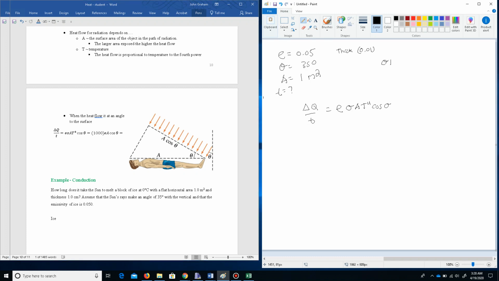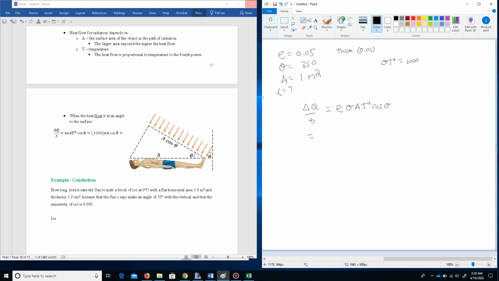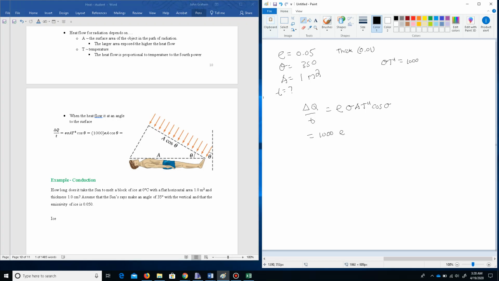Remember, sigma T to the 4th for the sun is 1,000. So this becomes 1,000 E A cosine theta equals delta Q over T. But we're solving for T. So T equals delta Q over 1,000 E A cosine theta.